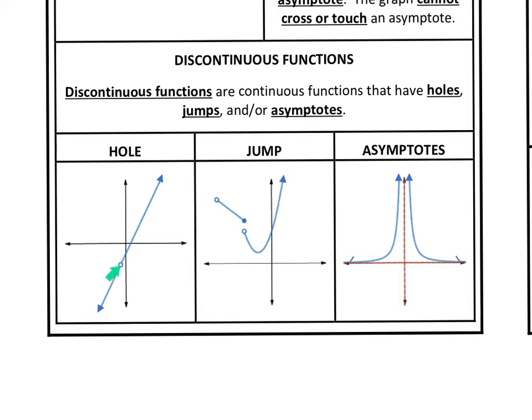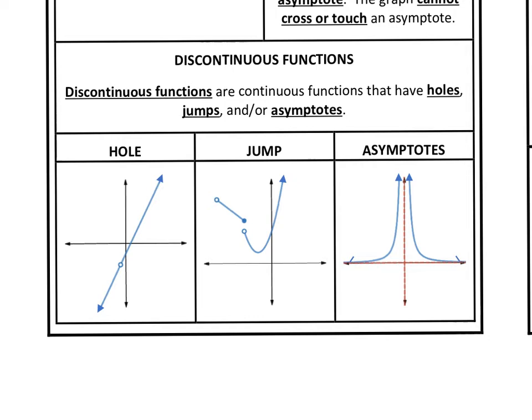So this hole causes this line to be broken up into 2 pieces. Because that hole breaks up the line into 2 pieces, it's not continuous. Otherwise it would be 1 piece, right? But since it's 2 pieces, we call it discontinuous. It's broken, right?